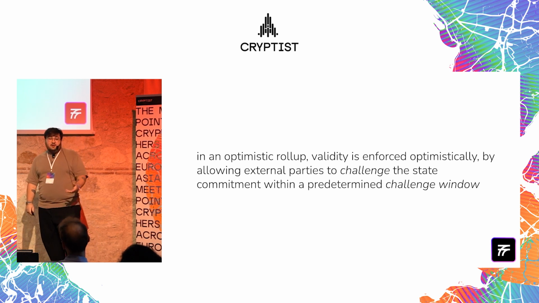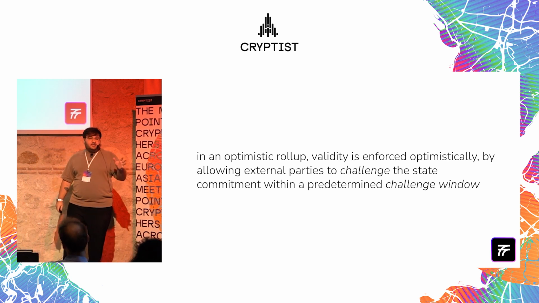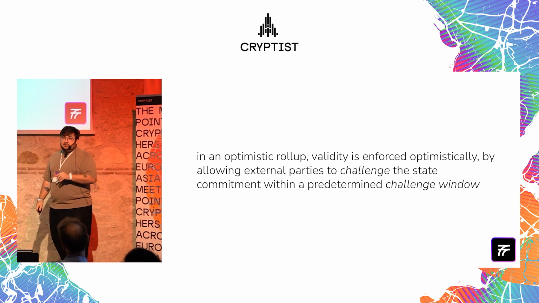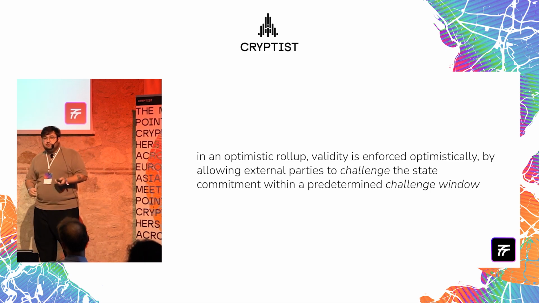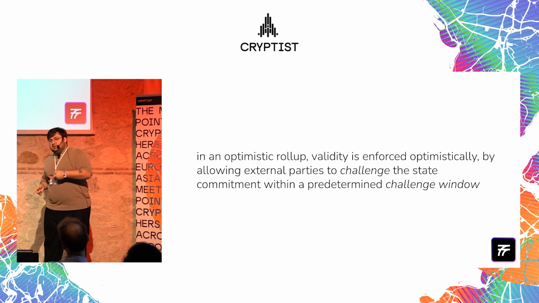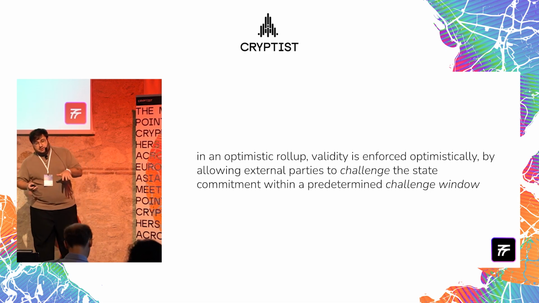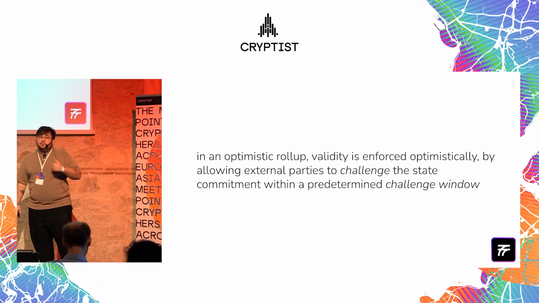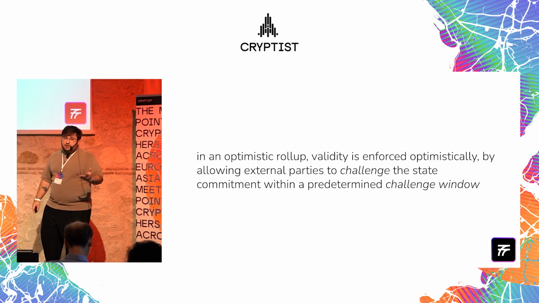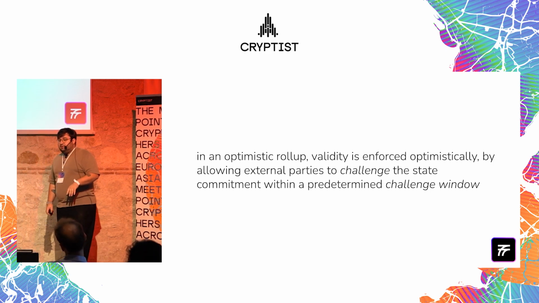So in an optimistic rollup, the validity is enforced optimistically by allowing external parties to challenge the state commitment within some challenge window. What that means is, by default, we assume that the state commitment is true, and we only change it to a different state commitment if somebody creates a challenge saying, hey, by the way, it's not the correct one.